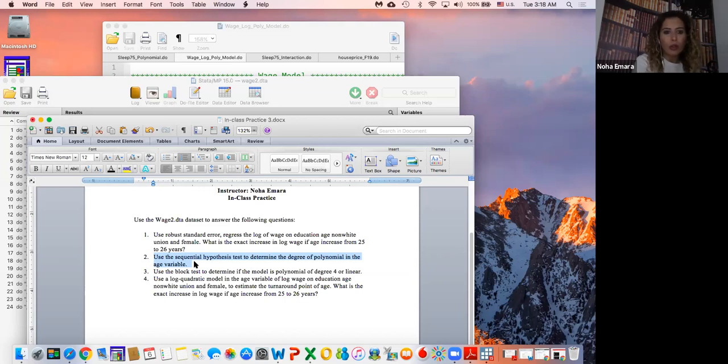What degree of polynomial did you find for the log of wage equation? I think I have my code wrong. Okay, you think you have your code wrong? Okay. All right. So Parth, did you work on question 2? Parth? No, I'm working on it.